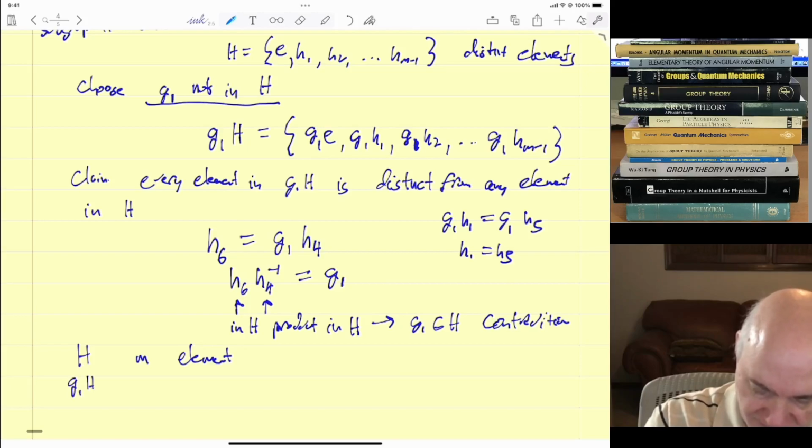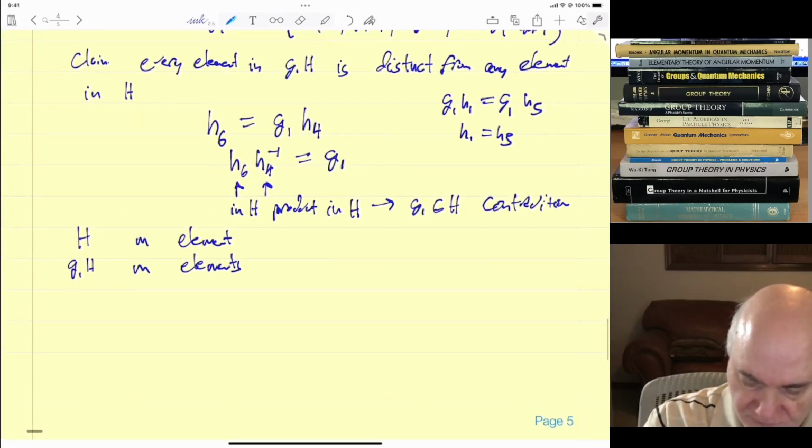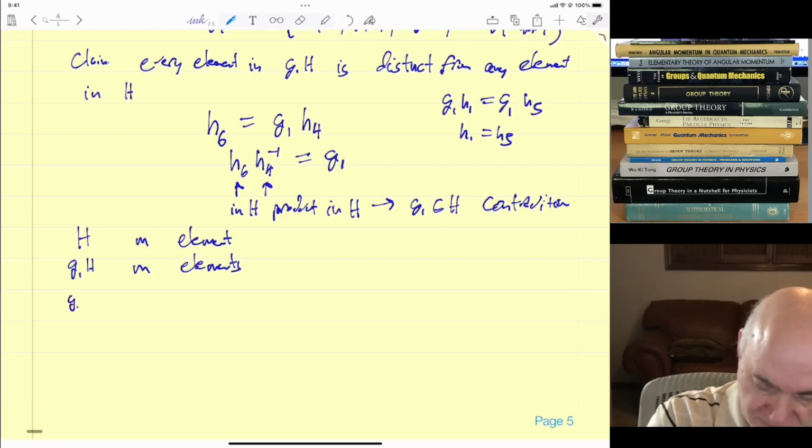G1H has M elements. And if we haven't exhausted the group G, we can choose another element, call it G2, which is not in either of these sets. Say G2, not in H, not in G1H. And then G2H, by the same argument, will have M elements.